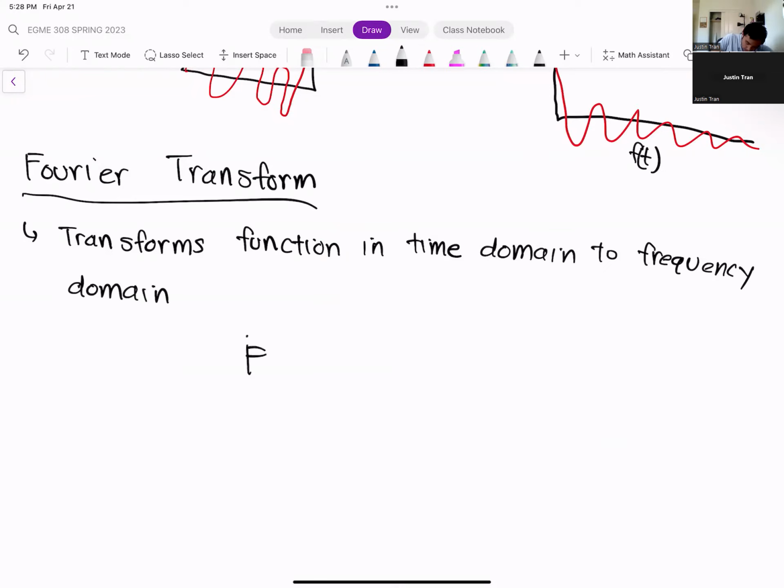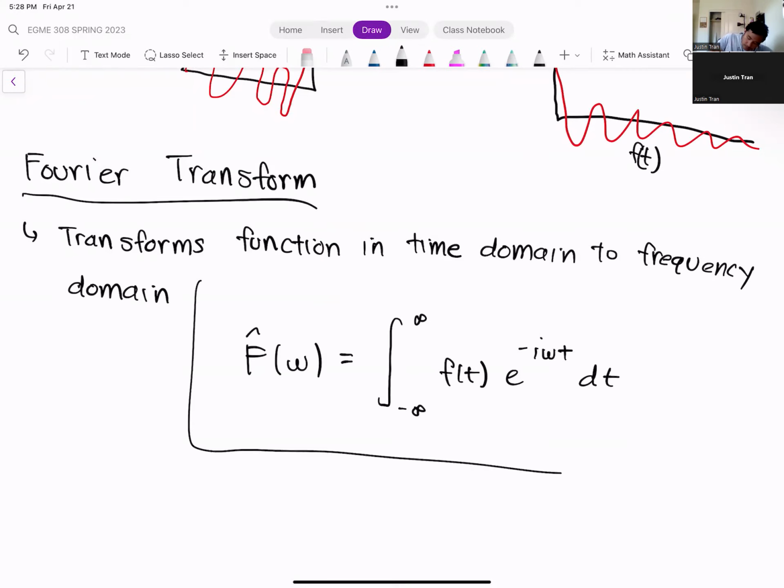And so this function, F of omega, is equal to the integral from minus infinity to infinity of f of t e to the minus i omega t dt. Okay. And so, of course, this is the complex form for the Fourier transform. And so, there is a sine and cosine form as well. But when people think of the Fourier transform, this is usually the one that is mentioned.